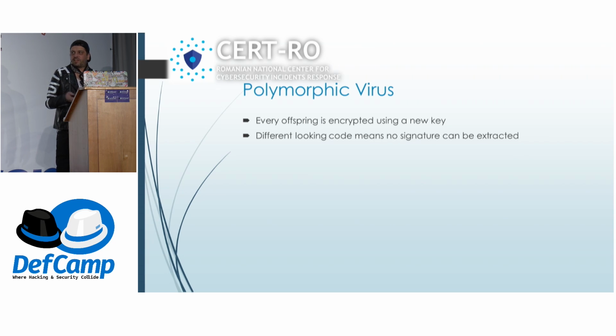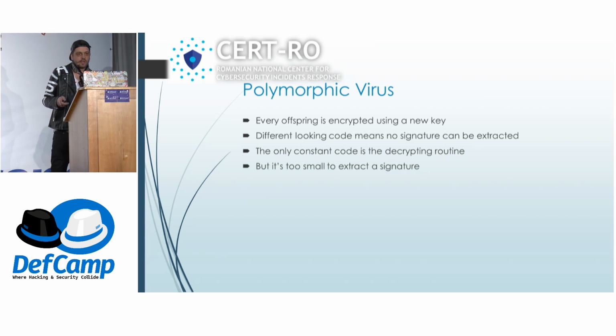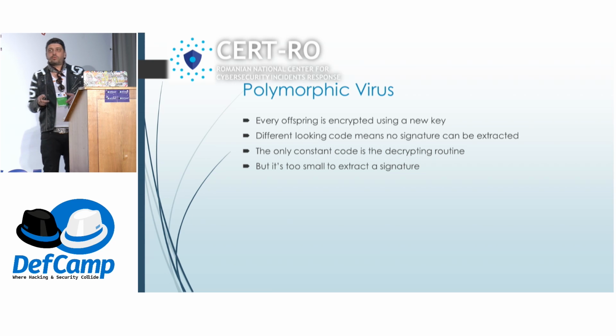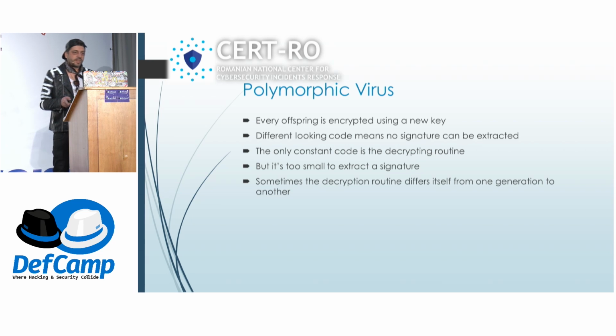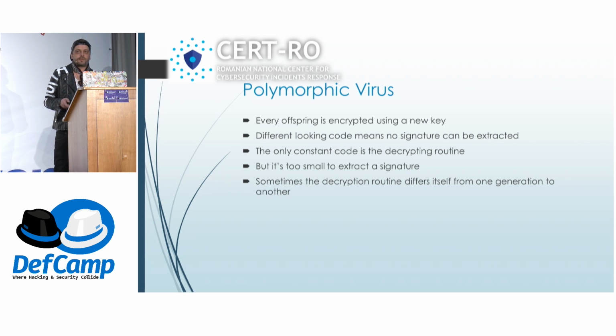This means that extracting a signature is rather impossible. The only constant thing in a polymorphic virus is the decryption routine, but it's too small to extract a signature. Sometimes even the decryption routine is obfuscated so that it differs from one generation to another, but still there is a way.